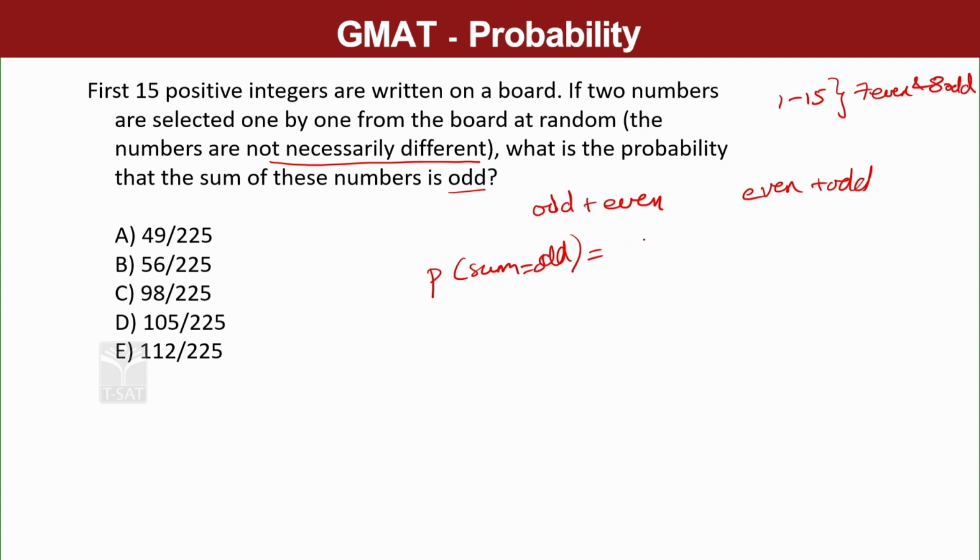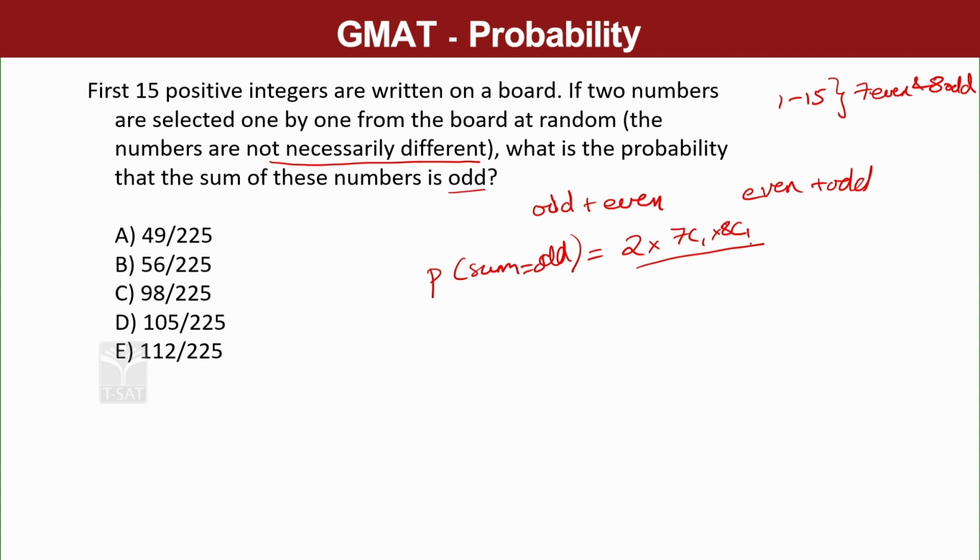First one is odd and second is even, or the first one is even and second one is odd. There are two different combinations in which you can have this, and you are selecting 1 out of the 7 even numbers and 1 out of the 8 odd numbers.